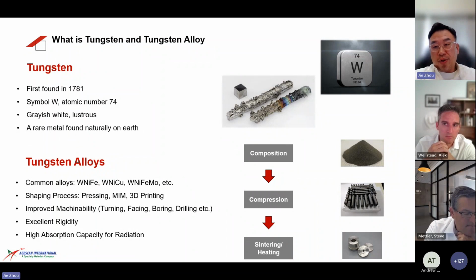Tungsten parts usually use pressing, metal injection molding, which we call MIM, and 3D printing for the forming process. Thanks to tungsten's excellent machinability, we can use various CNC machining processes to produce complex structured parts on pressed tungsten blank. In addition, tungsten has an incredibly high absorption capacity for radiation due to its high density.